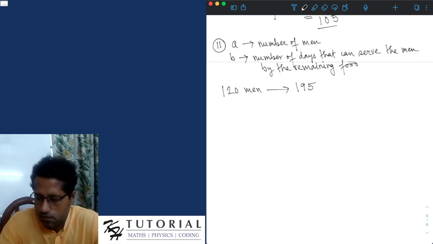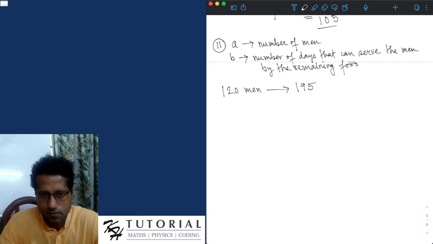After 5 days, some food has been consumed, and if there is no death, we know that these 120 men will survive for another 195 days, because it says that 120 men had provisions for 200 days.